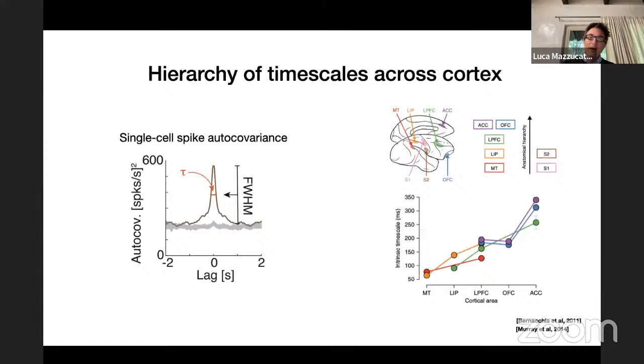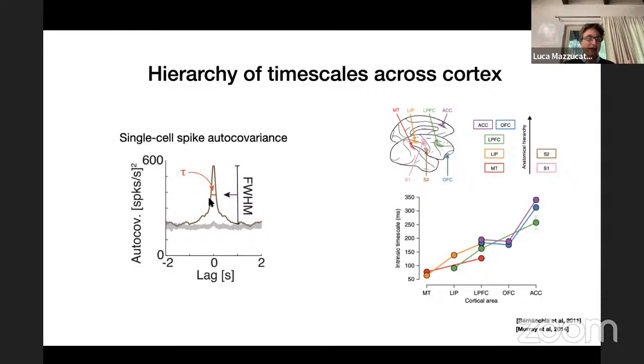And so why are we interested in this? Well, there's a series of observations from experimental studies that point to large heterogeneity of timescales across cortex. If we think about the autocovariance function, the spike autocovariance of single neurons, this is what I showed you here on the left.